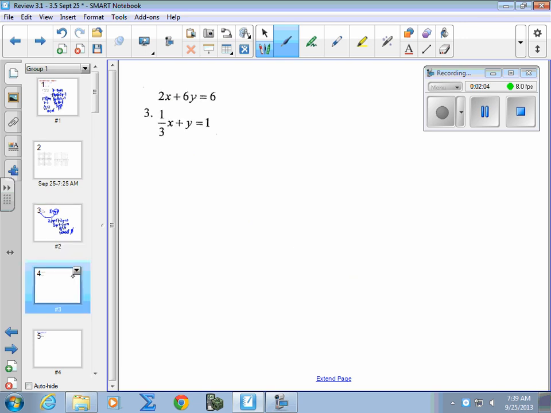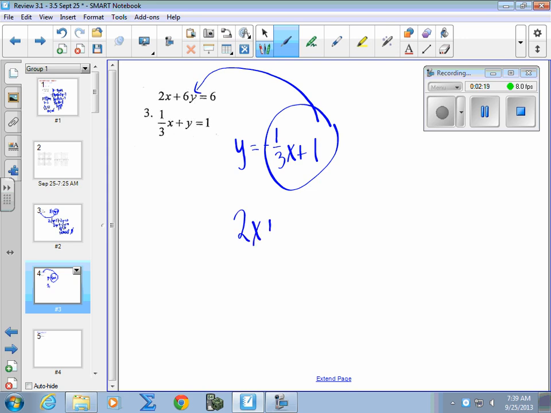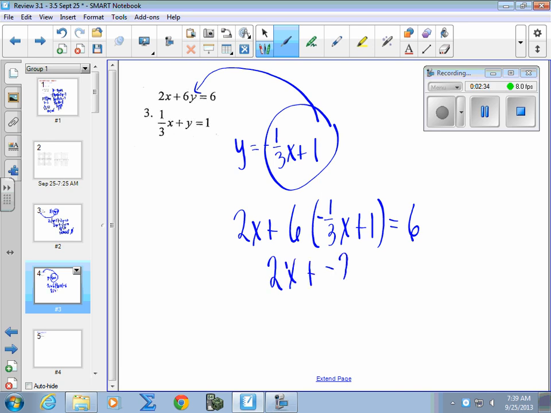In the next equation, we're supposed to do this with substitution as well. I would probably subtract 1/3 x from both sides of the equation, and then take all of this and plug it in the top equation. So I have 2x plus 6 times negative 1/3 x plus 1 is equal to 6. So that would give me 2x plus negative 2x plus 6 is equal to 6. So I get 6 is equal to 6.